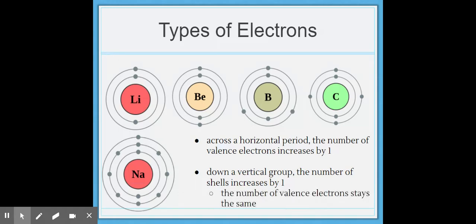But even though our shells increase, our valence electrons stay the same. Lithium and sodium are in the same column. Sodium has 1 more shell, but it still only has 1 valence electron. Every element in the same column has the same number of valence electrons.